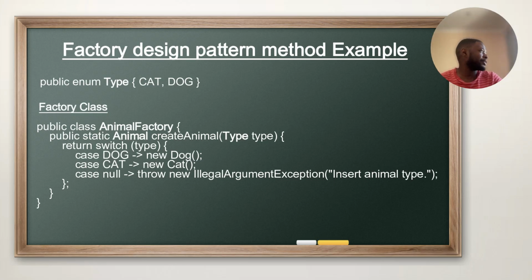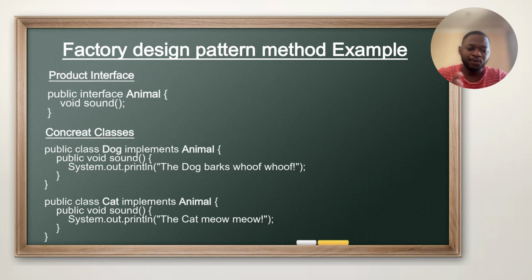Before, we touched base on the open close principle and the SOLID principles. So that means all we have to do, let me go back to the previous slide, if we wanted to add, for example, a Fox class, we just create the public Fox class, implement Animal, and implement the sound method, which would be the sound that the fox would make.